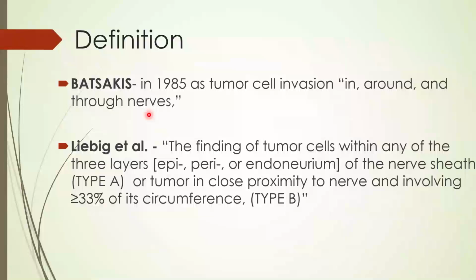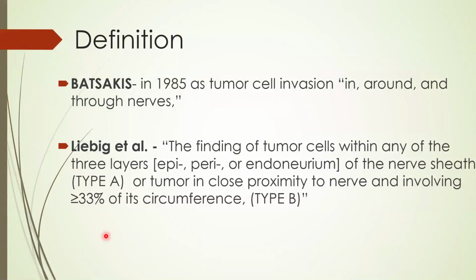So how do you define perineural invasion? The earliest definition was given by Batsakis in 1985. He suggested that any tumor cell invasion in, around, and through the nerves is considered perineural invasion, but this is the generalized definition. Subsequently, the most used definition is given by Liebig et al.